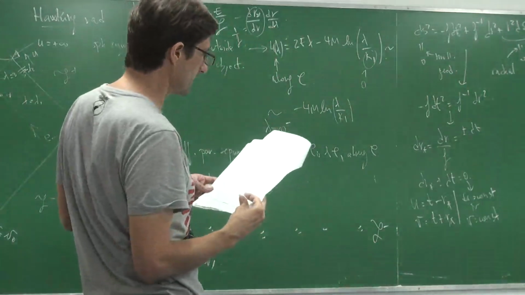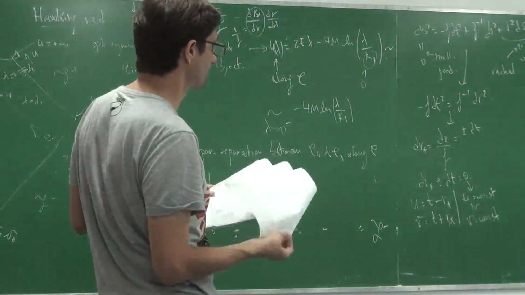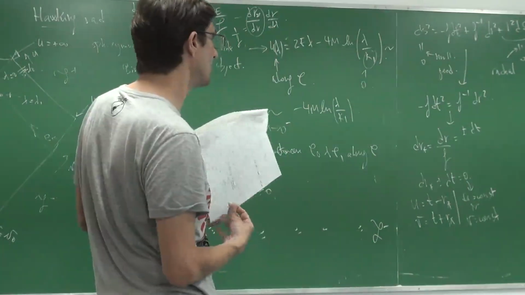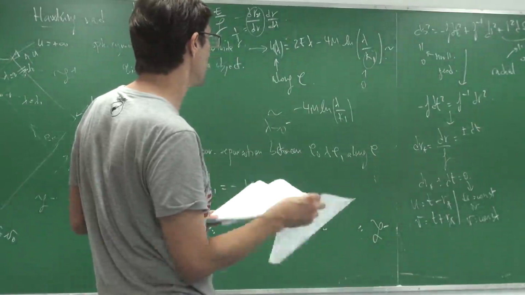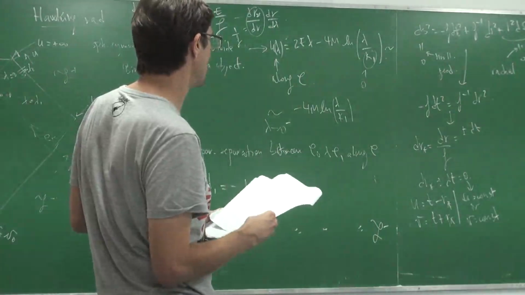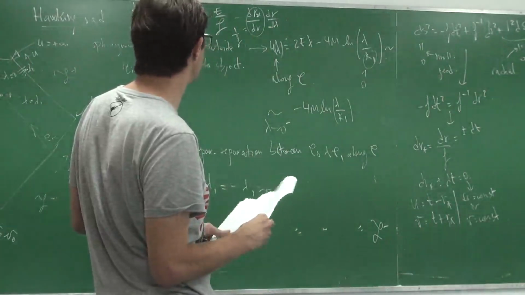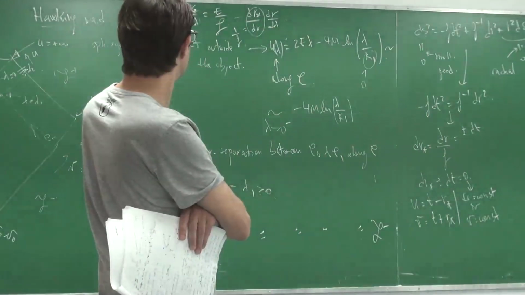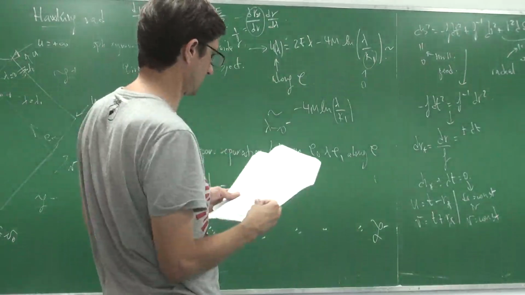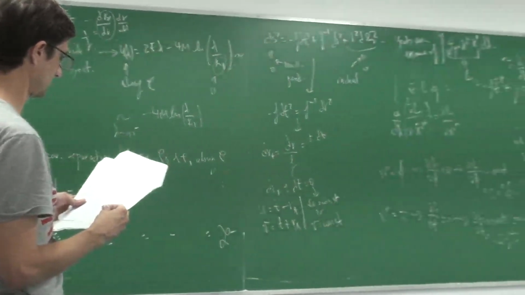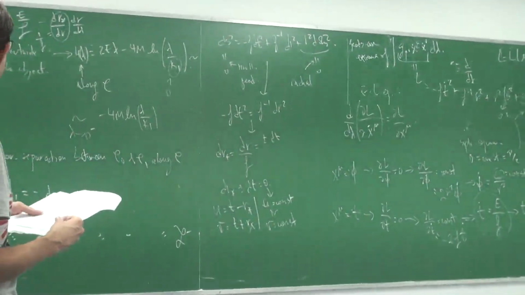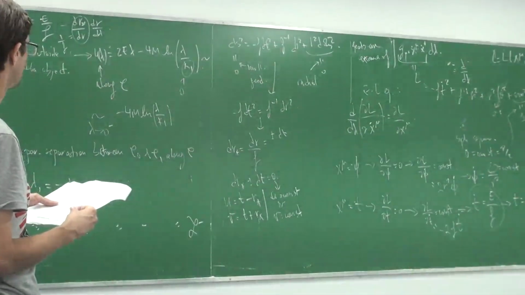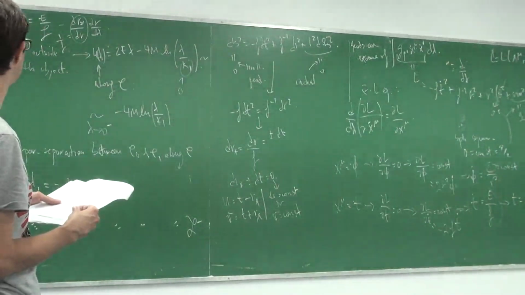The radial null geodesics should satisfy that equation there: minus f dt is equal to 1 over f dr.